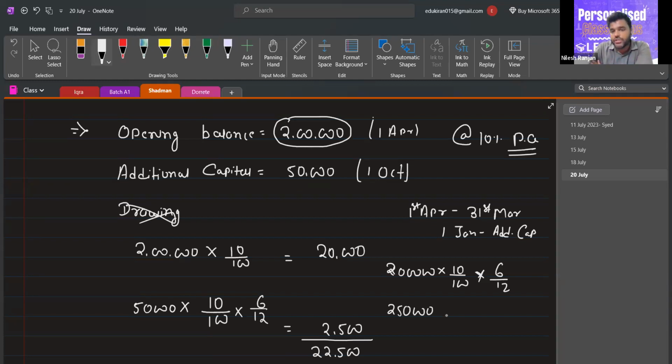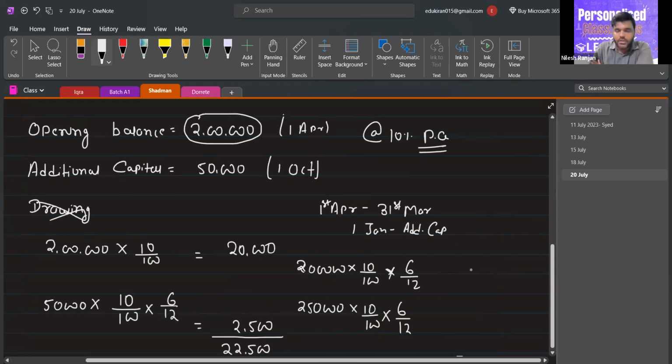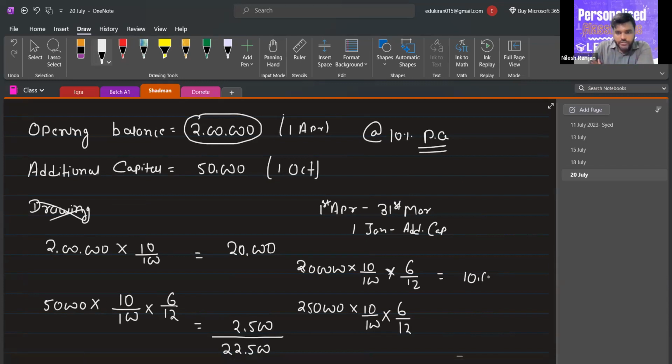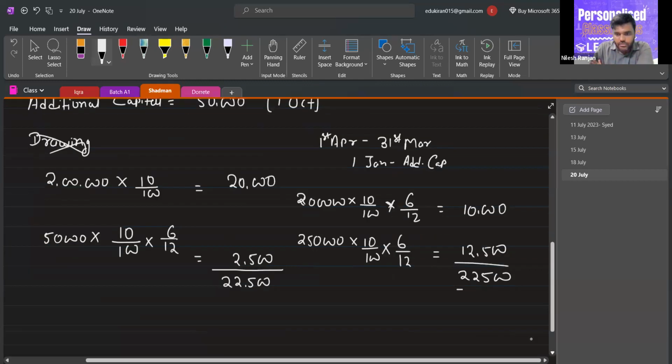So 2,50,000 into 10% into 6 by 12. Now it will be 10,000 here, and it will be 12,500 here. So the total is 22,500. You can see here it is 22,500 and here also.